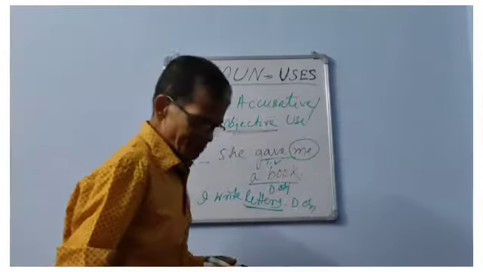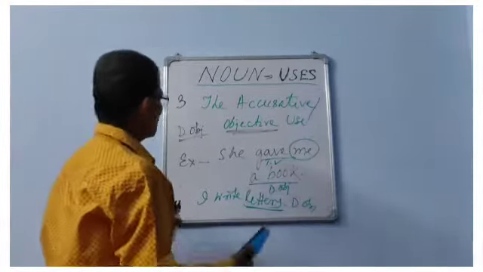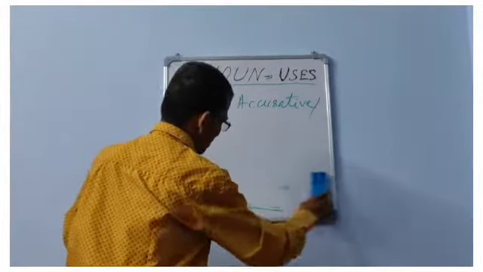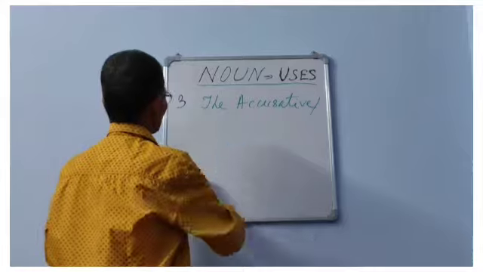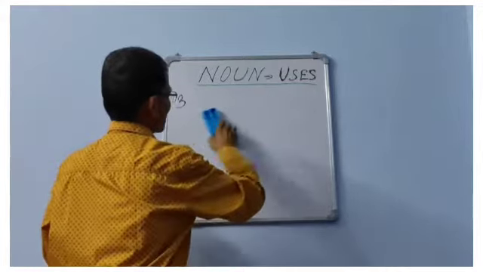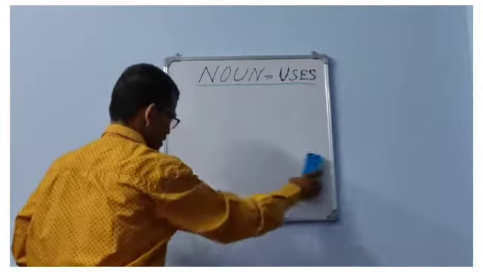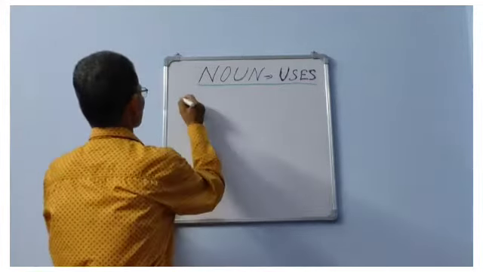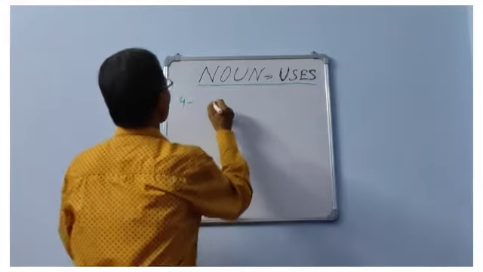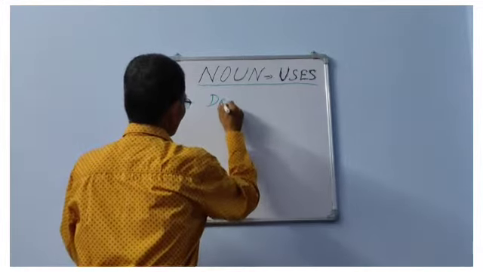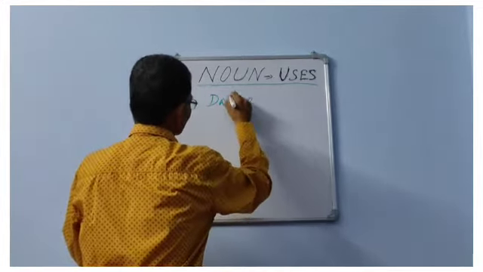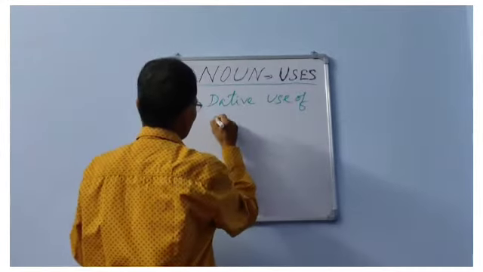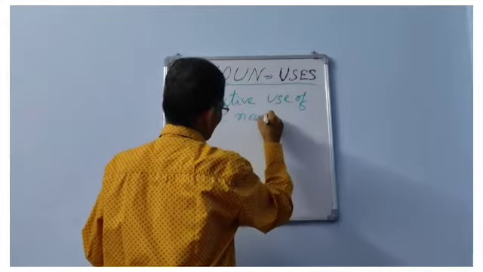Okay, now come to the next use. The next use of a noun. Number 4 use of a noun, that is called dative use of a noun.